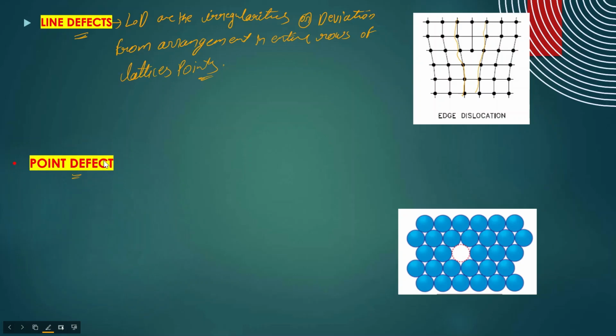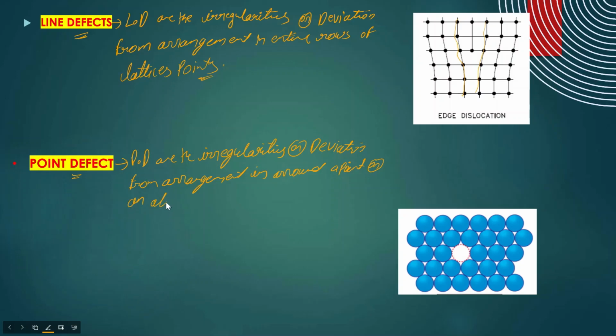Now the point defects are the irregularities or deviation from ideal arrangement around a point or an atom in a crystalline substance.